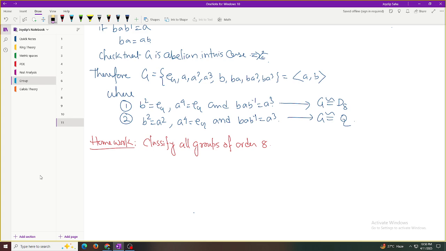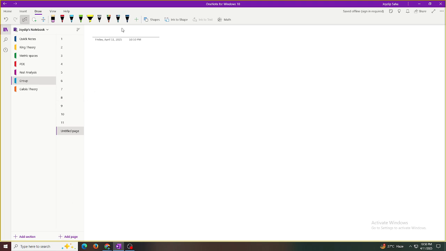So I'll do it briefly, not elaborately. Okay. First I add pages, 12.